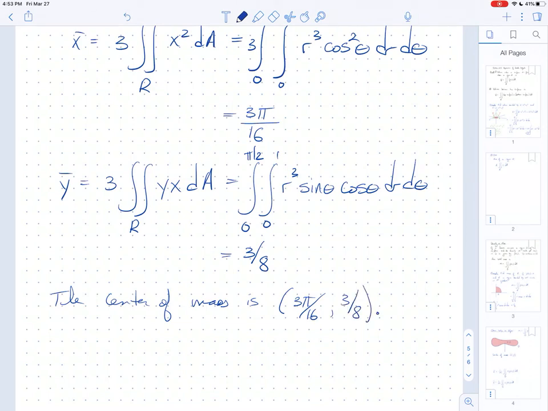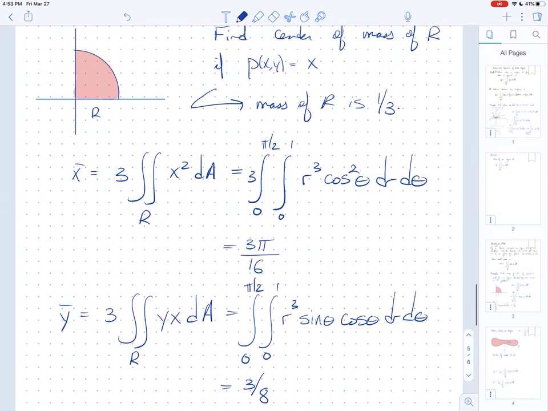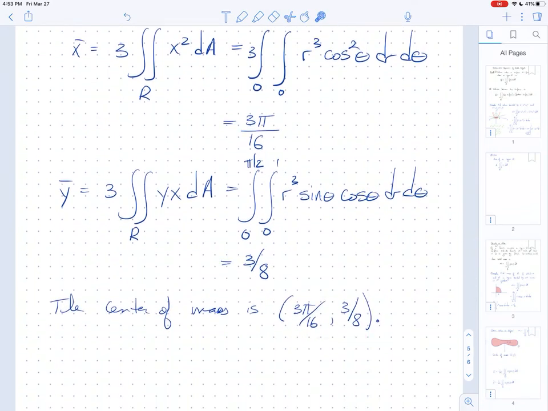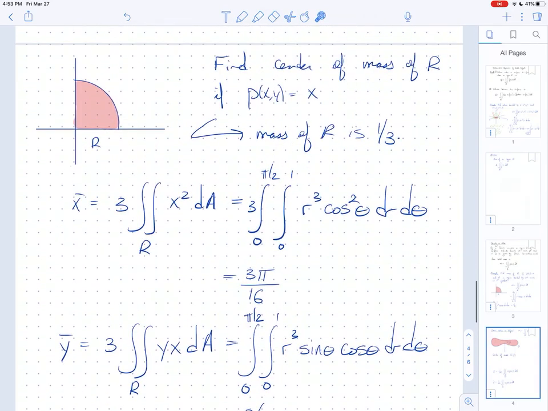Now, just to be very clear, please don't conclude that the center of this circular shape is that point. That's not what we're saying. I think I just said the center of the shape, I meant the center of mass.